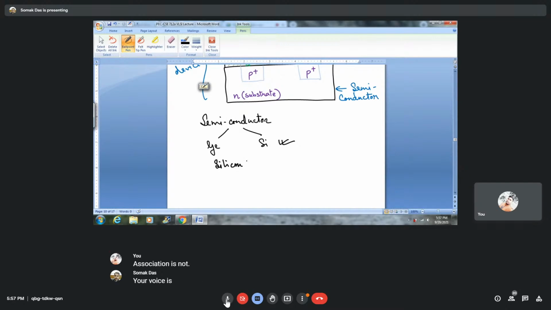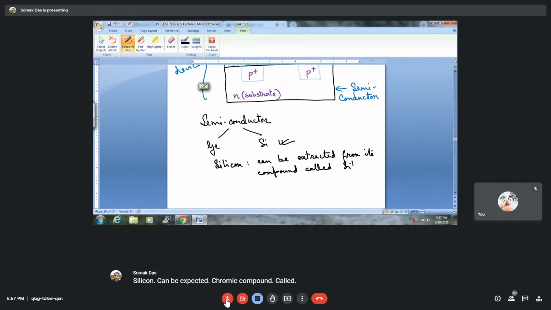Silicon can be extracted from its compound called silica, which is plentifully available within sand.